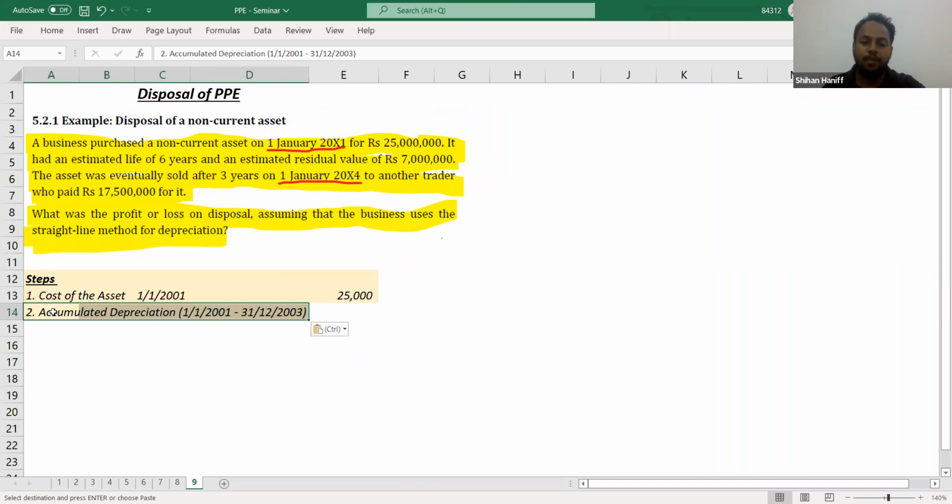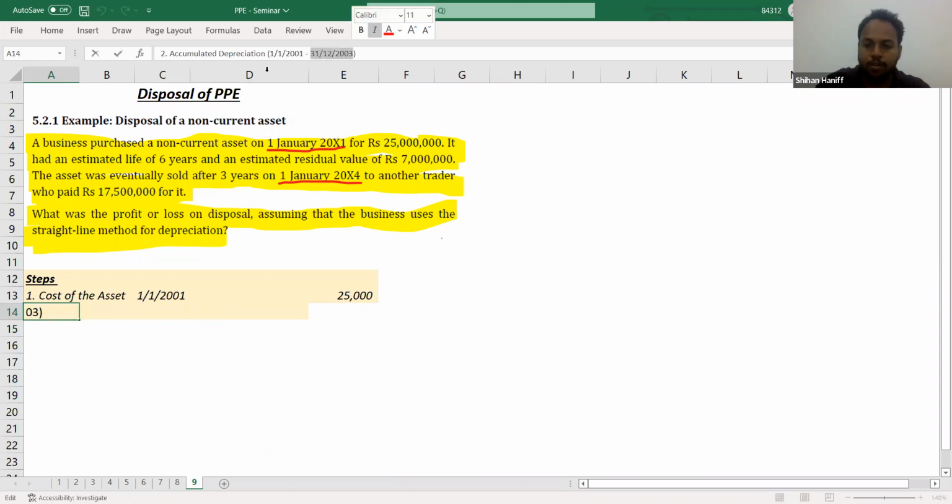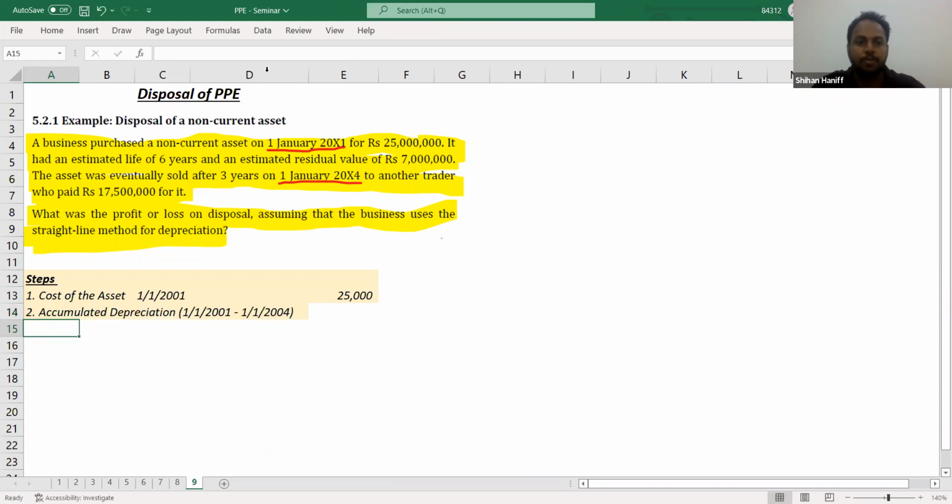Purchase date is 1st of January 2001. Disposal date is 31st December 2003 or 1st of January 2004. How much is the depreciation? Tell me. I want you all to answer.